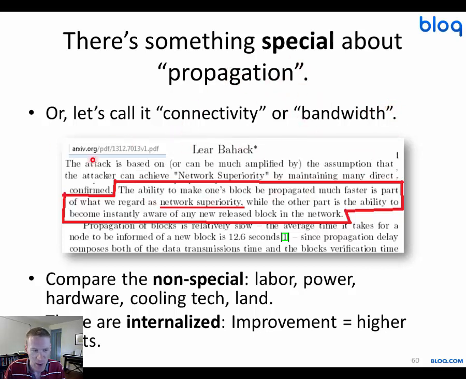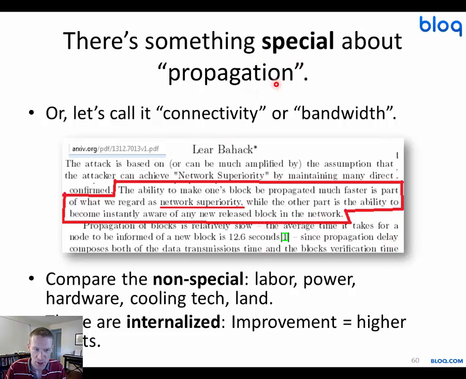And here's a neat paper which gives another network superiority term: the ability to make one's block be propagated much faster is part of what we regard as network superiority, while the other part of network superiority is the ability to become instantly aware of any new released block in the network.